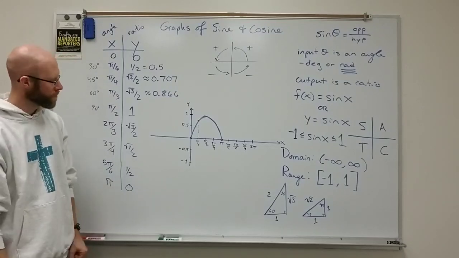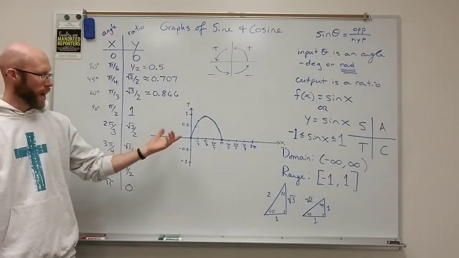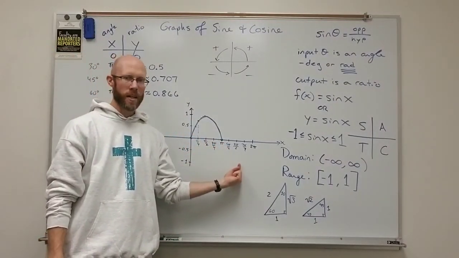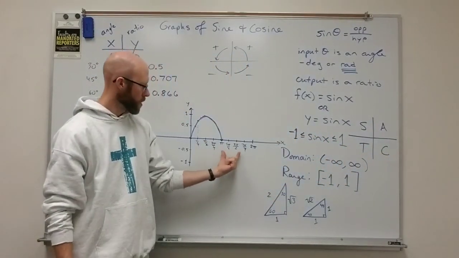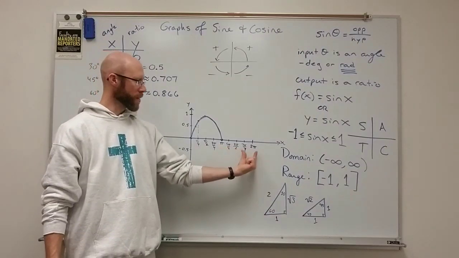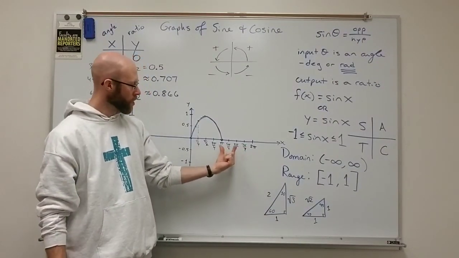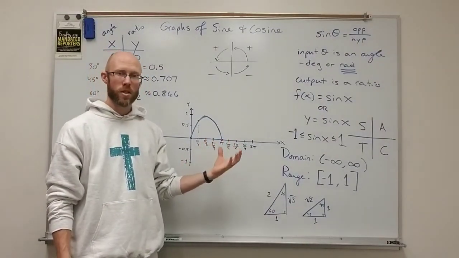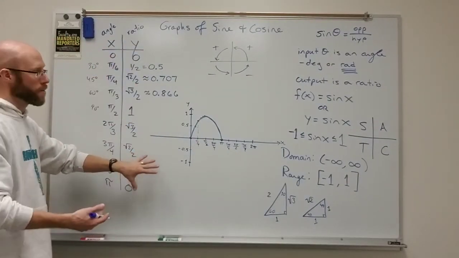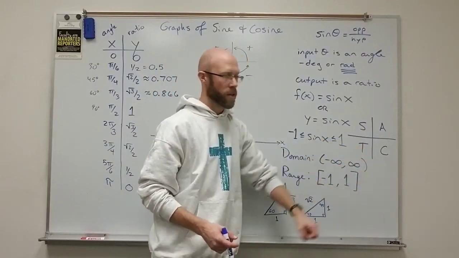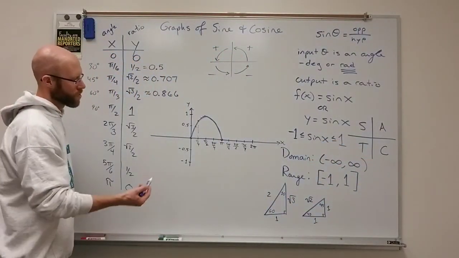Okay? So I'm not going to go through and plot every point, but at least you see the trend developing. Now, what happens is, as you go into the negative side, you get to the 3rd quadrant and 4th quadrant, that would be the next half of pi and then the next half of pi. You're essentially taking negative outputs. You're taking all these values, but putting a negative on them because the sign is negative in those 2 quadrants.